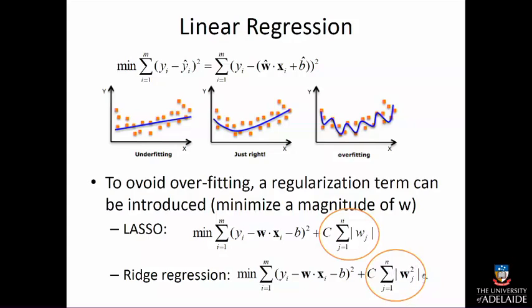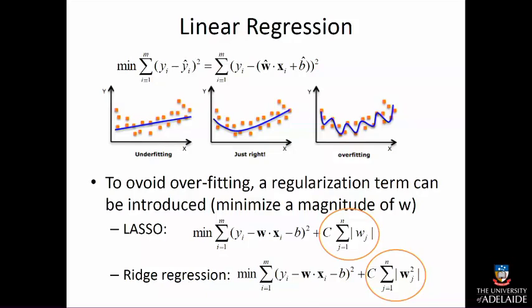We don't need it because it's always non-negative. So in the case that we apply this L2 norm as a regularization, then it has a name. It's called ridge regression.